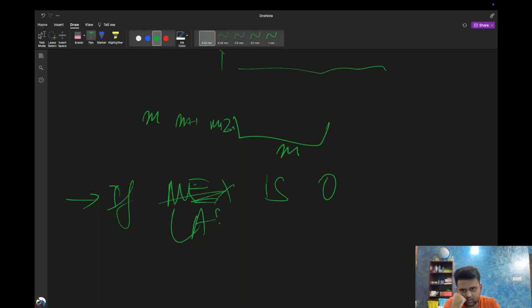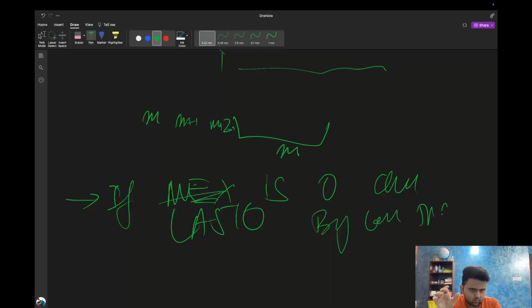If last is 0, check by counting non-zero, and then check by taking last.